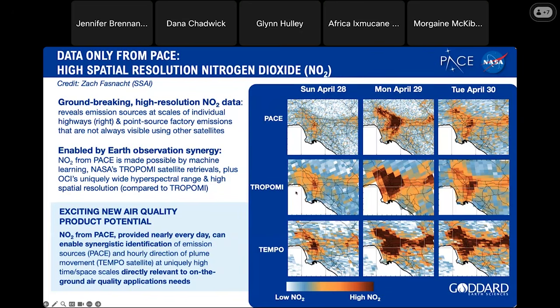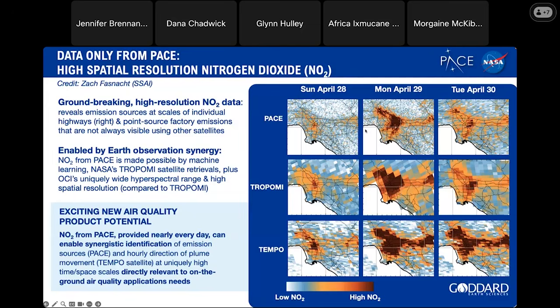Whereas TROPOMI and TEMPO, which are NASA satellites that look at trace gases like nitrogen dioxide, have a much coarser resolution. This is actually complementary. TEMPO data are sub-daily, I think hourly, types of information on which ways plumes move.